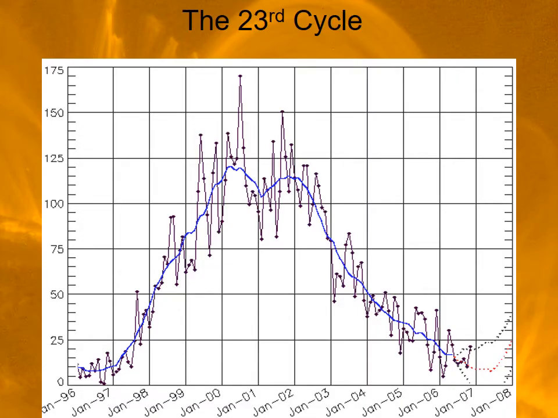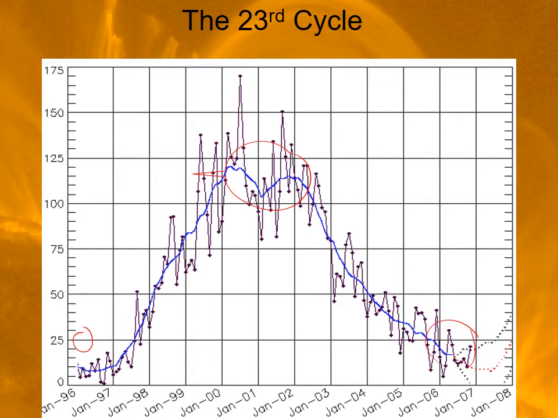So here's a map of Zurich sunspot numbers for the 23rd cycle. Each one marks a different month and the average in that month. And so you go from solar minimum to double solar maximum down to solar minimum down there.